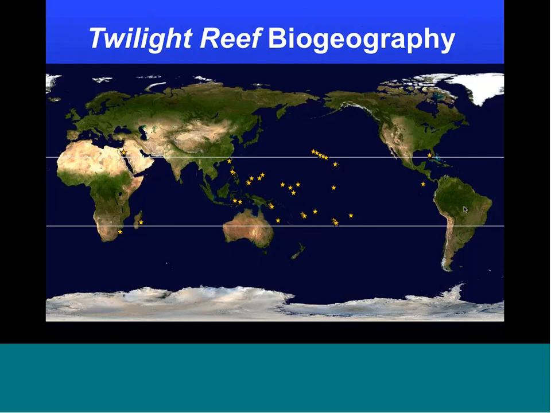Okay, so the biogeography, where do we find these twilight reefs? Well, they're circumtropic, okay? And these little golden stars here are where myself or the group that I'm involved with have been over the past 2 decades. And here are the red stars of where other people have been.